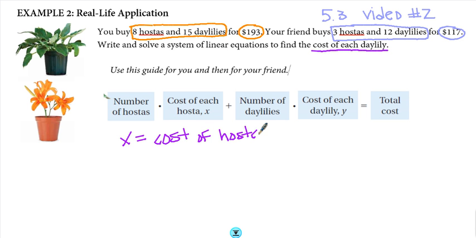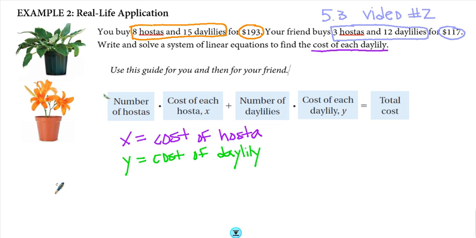We're also trying to find the cost of daylily, which I'm going to write in a different color, and let's say that is our Y. And if you look at the template, that's what they have too. The reason cost of hosta and cost of daylily are X and Y is that those are what we're trying to find. Whatever you're trying to find are the variables.